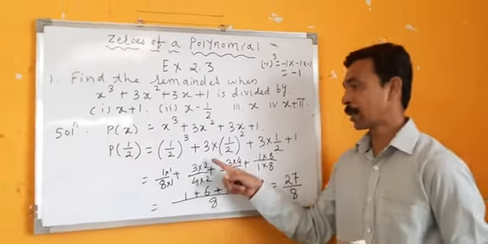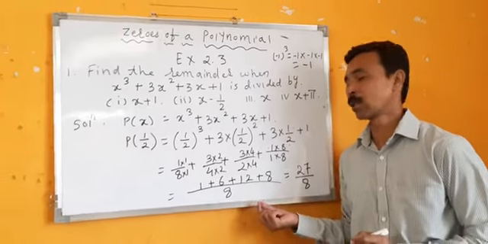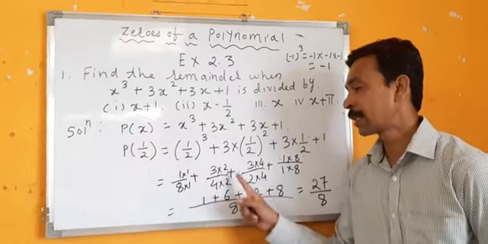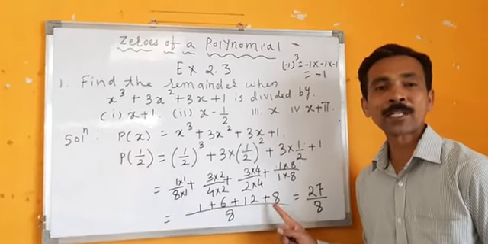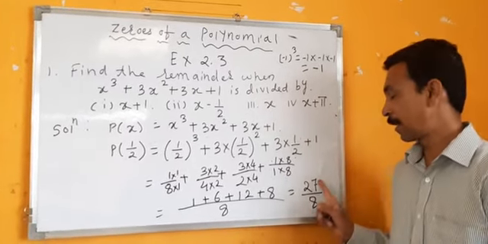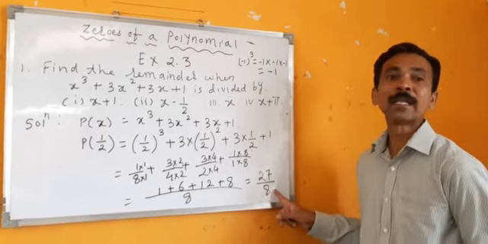This is very important: you have to take the LCM, and if the LCM goes wrong, the answer goes wrong. So be very careful while finding the LCM and while doing the basic operation in the numerator, whether it is addition, subtraction, multiplication or division, and only then do we get the correct answer. So here the answer is 27 upon 8.